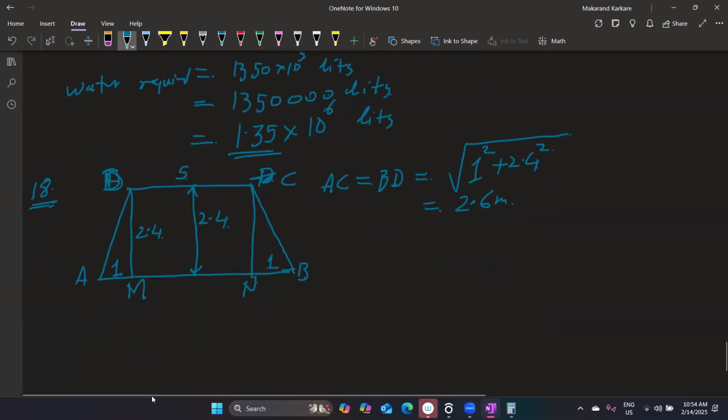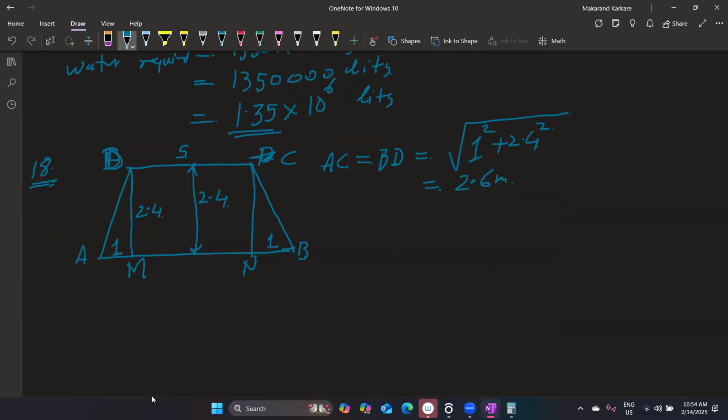Yes, sir. So now if we talk about painting of internal surfaces, that's going to be AD into 40 meters because that's the length. And there are two such, into 2, right? So AD into 40 into 2 plus the top surface. The top surface is going to be 5 into 40.